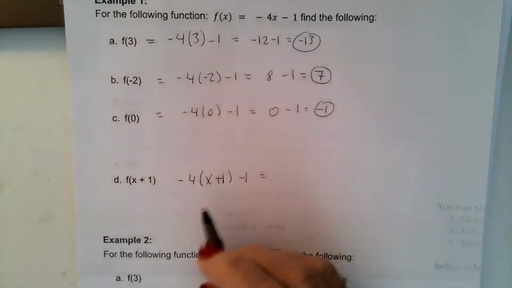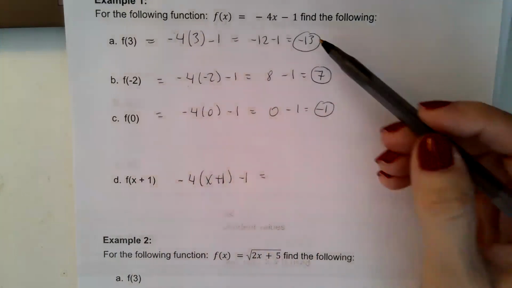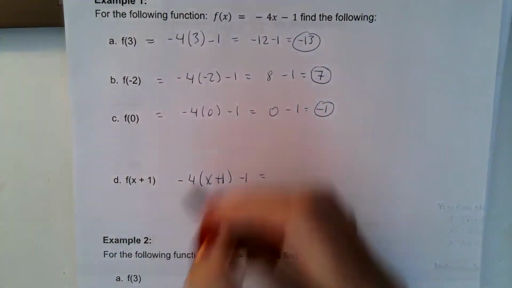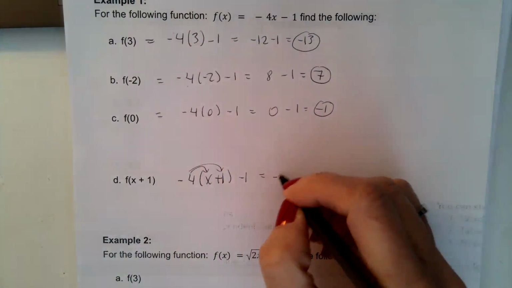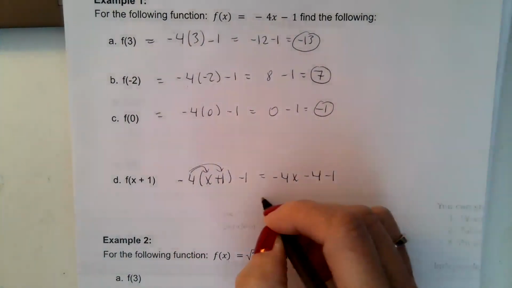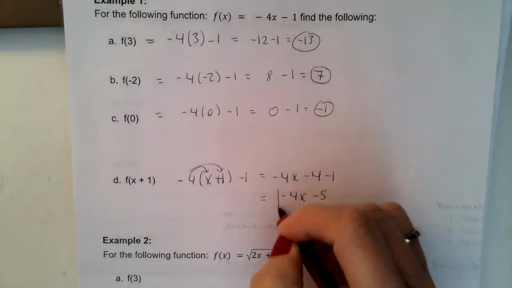And now because it's an expression that still has a variable in it, I won't actually arrive at a value answer like I did up here, but I still can simplify. So I can at least use my distributive property here. So a negative 4x minus 4 subtracting 1, and that simplifies to negative 4x minus 5.